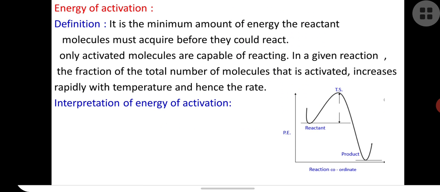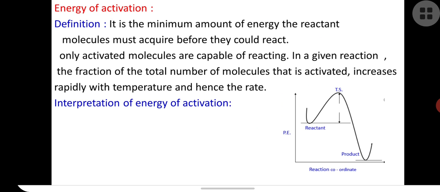Now, energy of activation is the minimum amount of energy that the reactant molecules must acquire before they can react. Only activated molecules are capable of reacting.